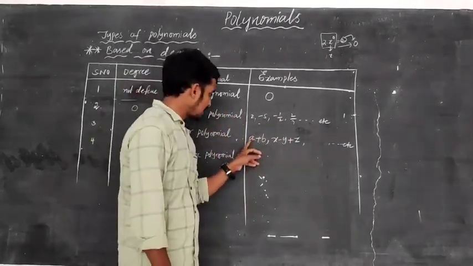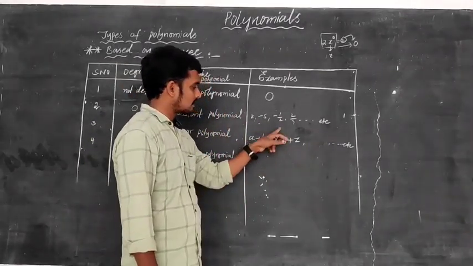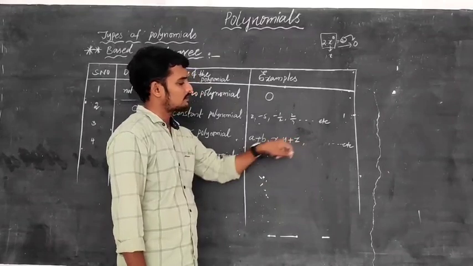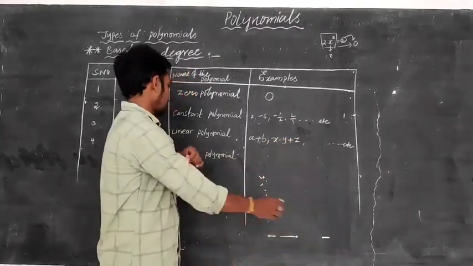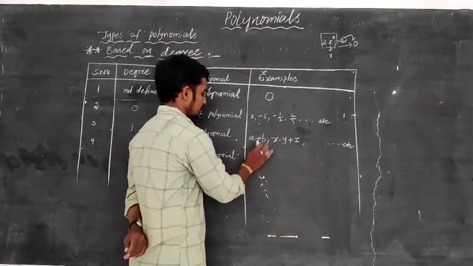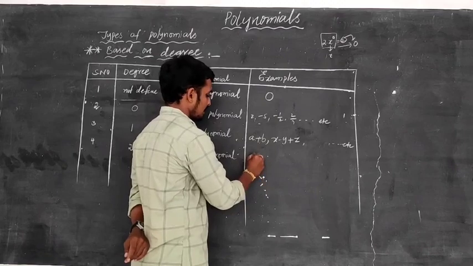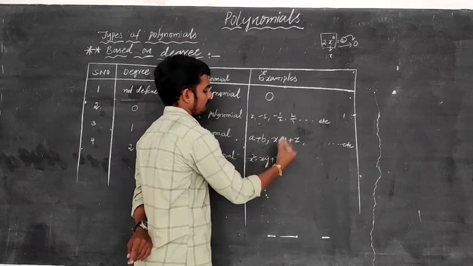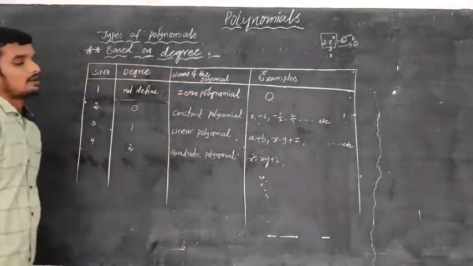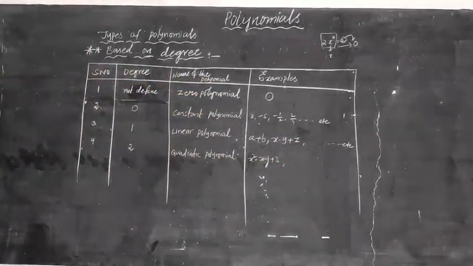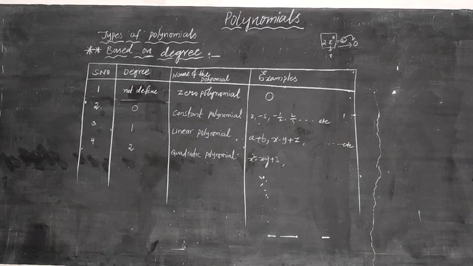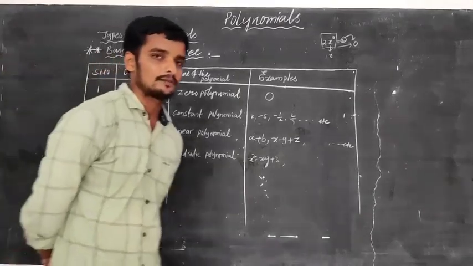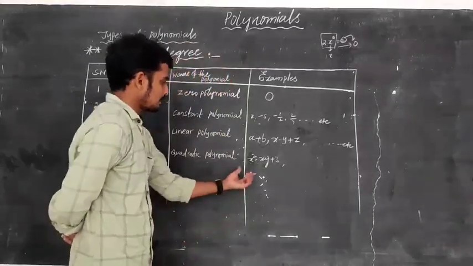And x has 1, a has 1, b has 1, y has 1, z has 1. Right. Now here, quadratic. I am writing like this: x square minus xy plus 3. So x square minus xy plus 3 has 3 terms, so it is a trinomial.